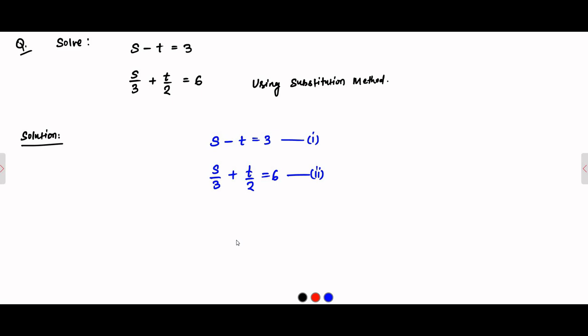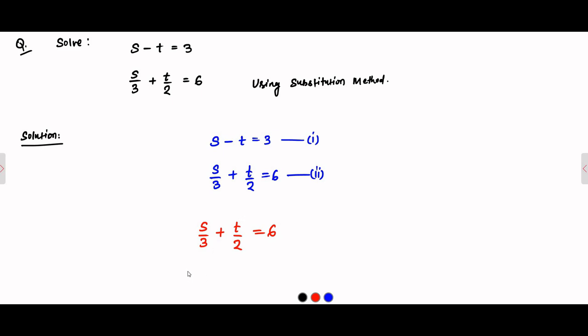So how can we do it? We'll take equation number 2, that is s by 3 plus t by 2 is equal to 6. Here in the denominator we have 3 and 2, so we'll multiply the LCM of 2 and 3 on both sides.